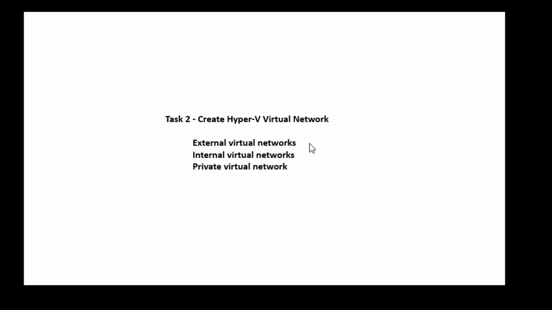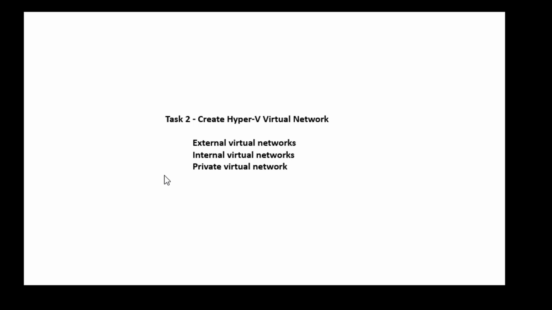With HyperV's Virtual Network Manager, it offers you 3 types of virtual networks that you can use, which is external virtual networks, internal virtual networks, private virtual networks.